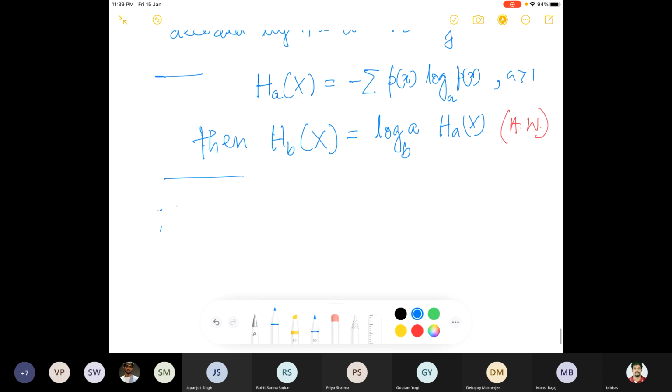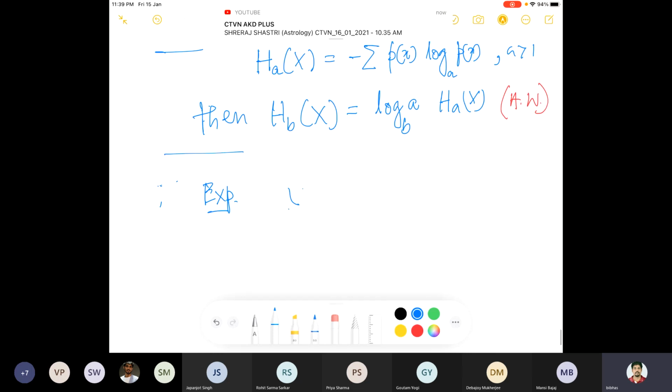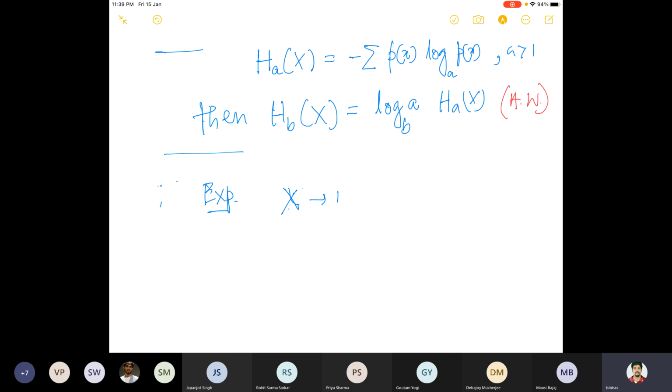Let us say X is a random variable, and it just explains the tossing of a coin.